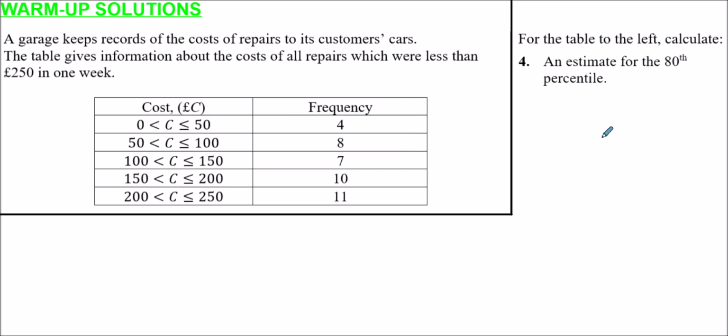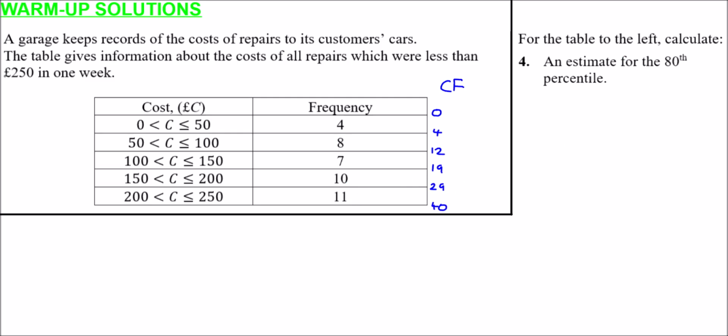Lastly, question 4, and this is where we're going to return to the previous lesson, calculating percentiles for continuous data. So again, I'm just going to adapt the cumulative frequency from last time. This time I'm going to start from 0, 4, 4 plus 8 is 12, 12 plus 7 is 19, 19 plus 10, 29, 29 plus 11 is 40.